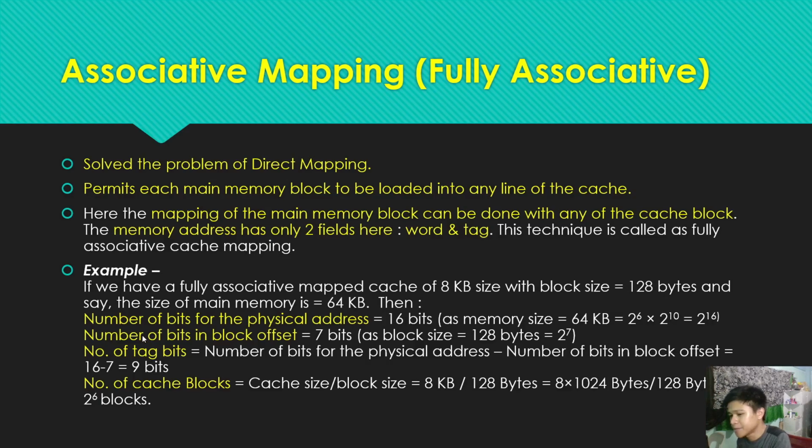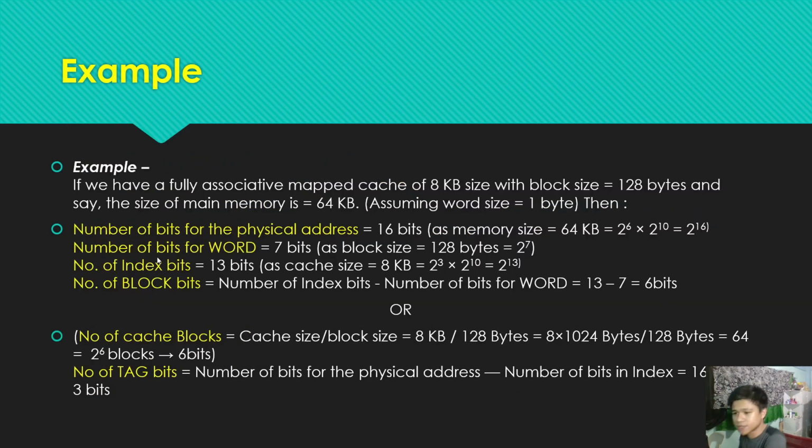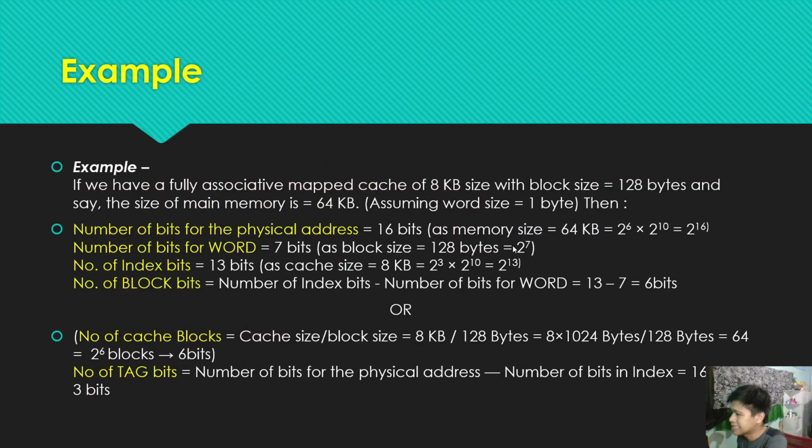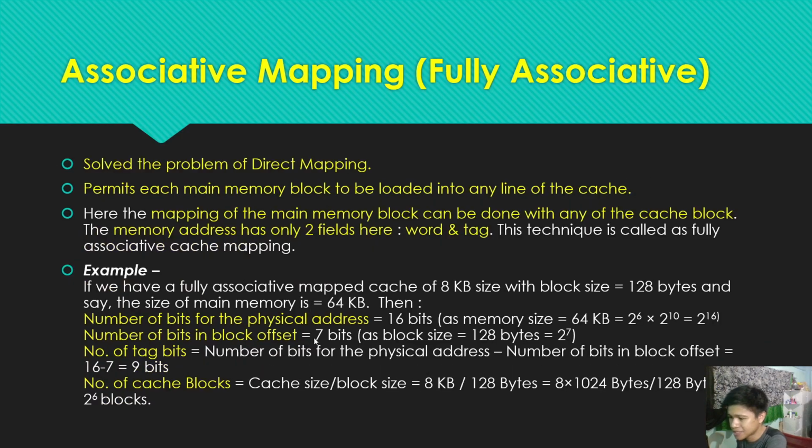Then the number of bits in block offset was called number of bits per word in direct mapping, but here we call it number of bits in block offset. They're actually the same. It's 7 bits, as block size is 128 bytes, which is equal to 2 raised to 7.